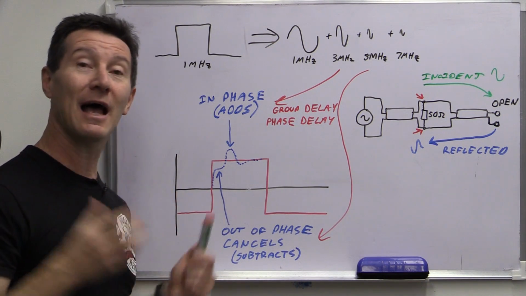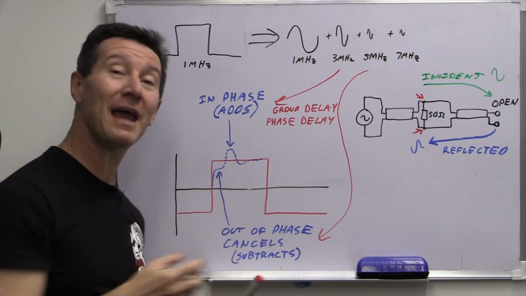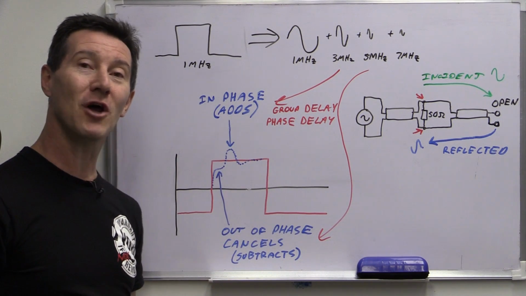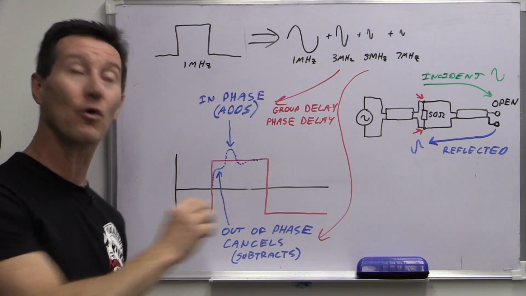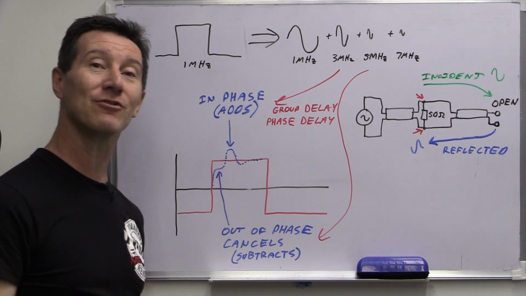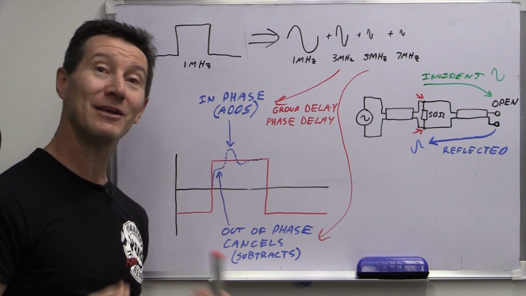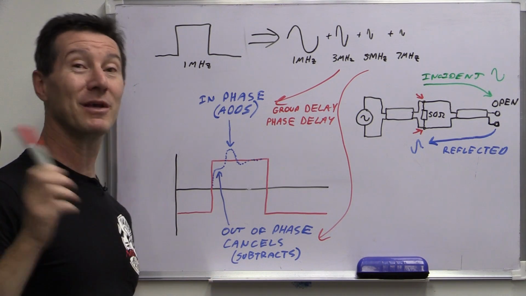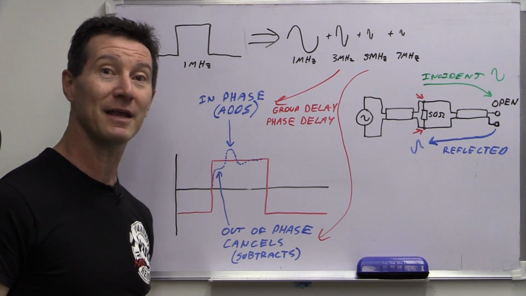If it's big enough, your signal can practically vanish, or it can double. It can increase or decrease in amplitude depending on the frequency, and we saw that. There's another good example of that, which I'll show you.